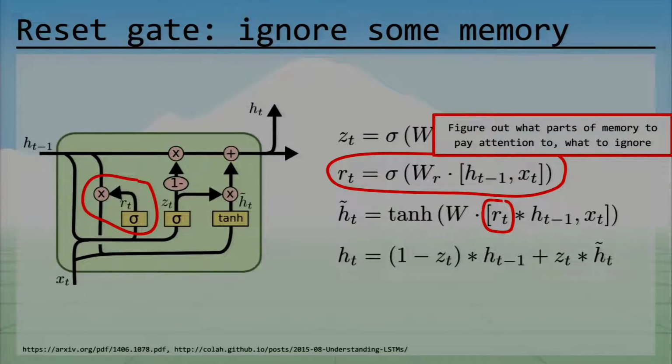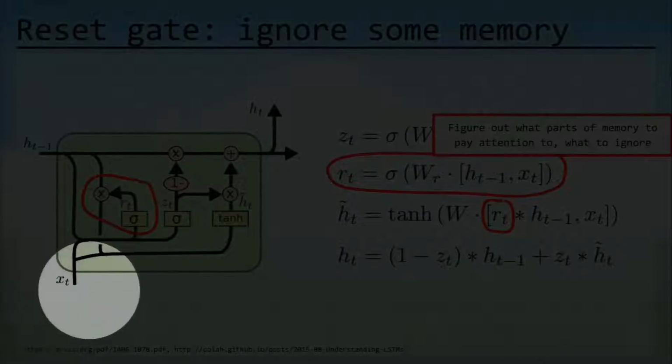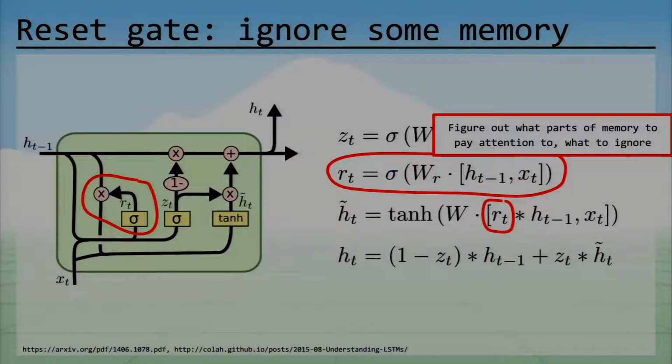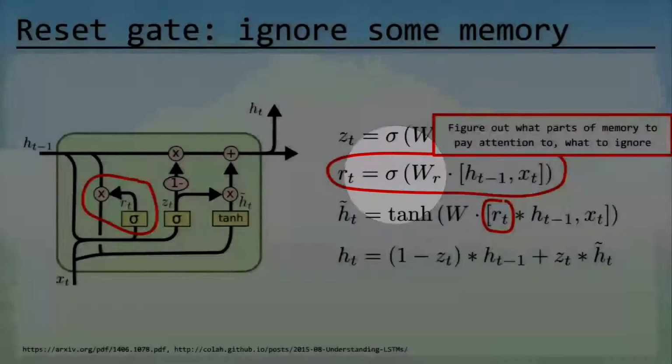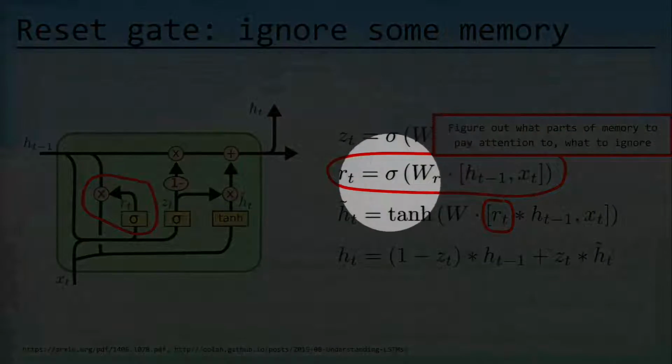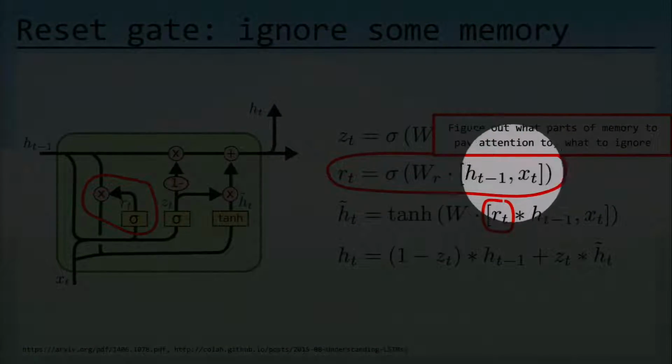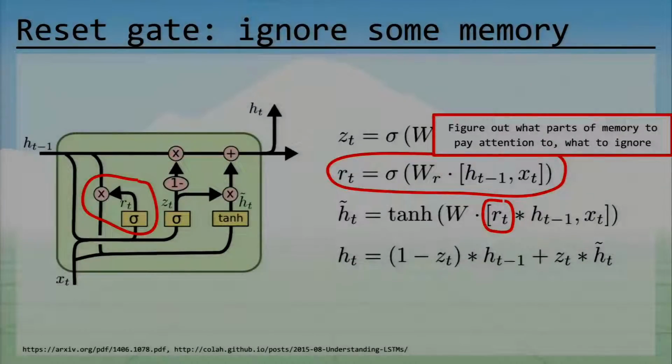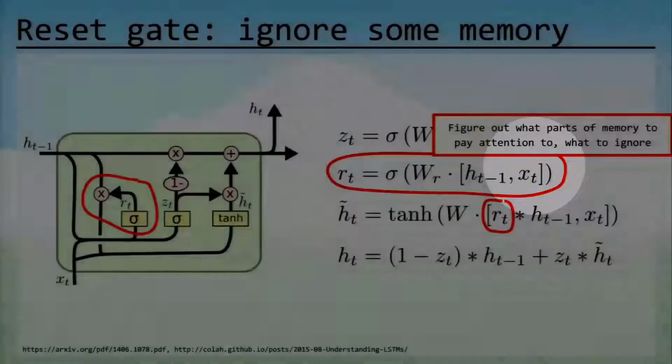So the important things to know about in this GRU model. The first is the reset gate. When we have some input and we have our old memory, what the reset gate is going to do is figure out what parts of the memory to pay attention to, what parts are important as we're processing this input x at time t. So we calculate r, which is going to be this sigmoid, or logistic function, that depends on our previous state and our current input.